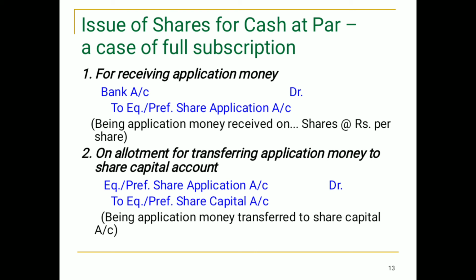Those 10 rupees are not collected all together, but instead divided into 4 parts maximum, and then the amount is called up, of which the first installment is application, second allotment, third first call, and fourth final call or second call.